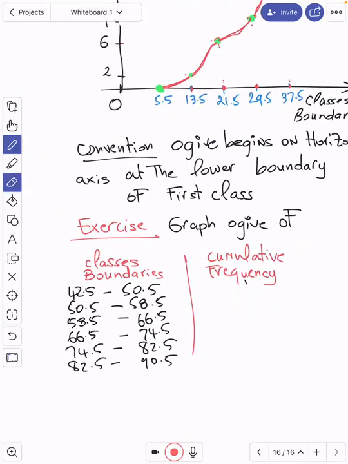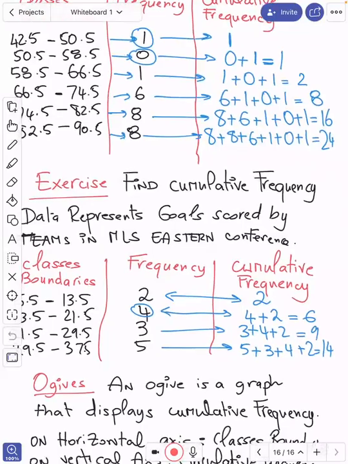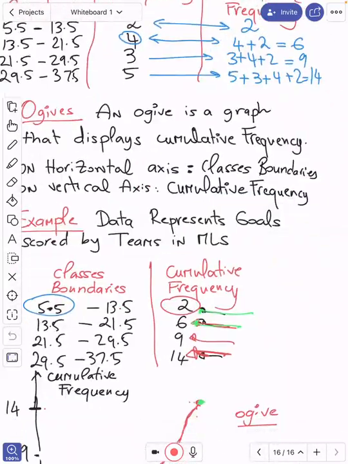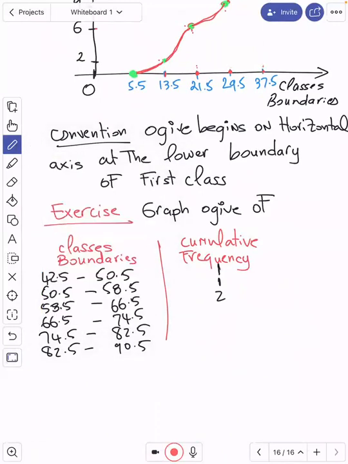So this should be 1, 1, and then 2, 2, right, if I'm not mistaken? And then, sorry, so 1, 1, 2, 8, 16, and 24. So here's 8, 16, and then 24.